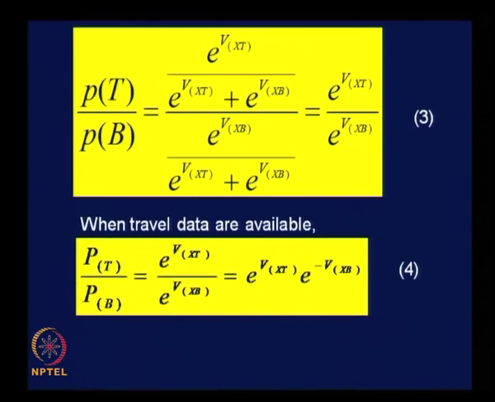And for a situation where we have information about the travel data, or when travel data are available, what does that mean? The values of Pt and Pb are known. Let us say about 45% of travelers are using bus, 55% of travelers are using train.